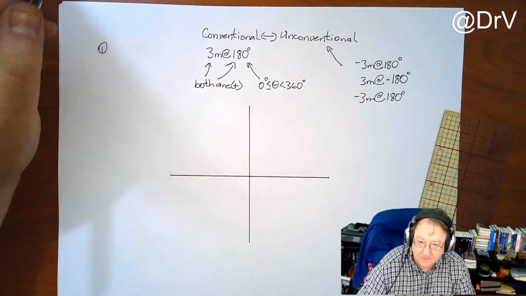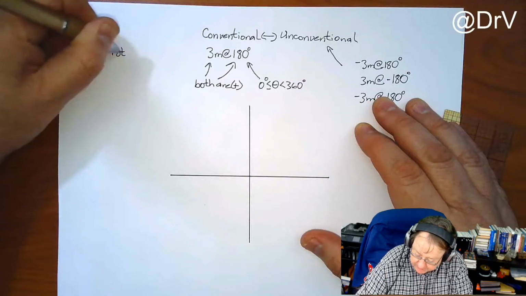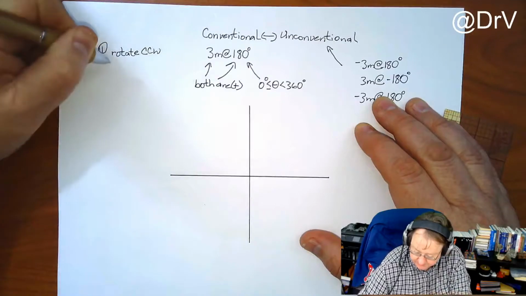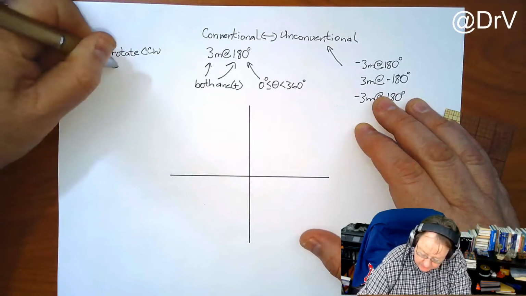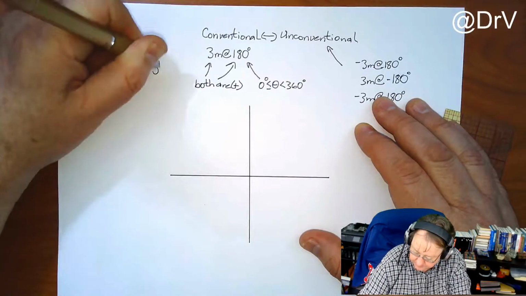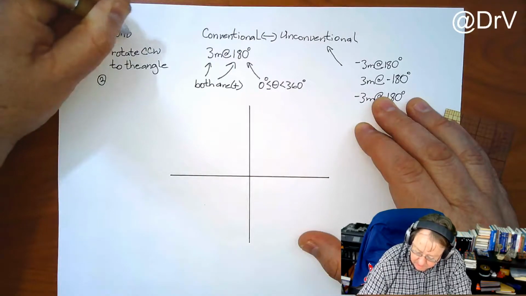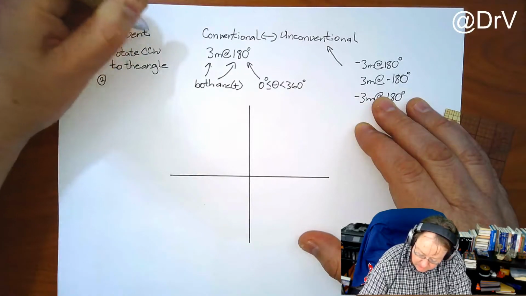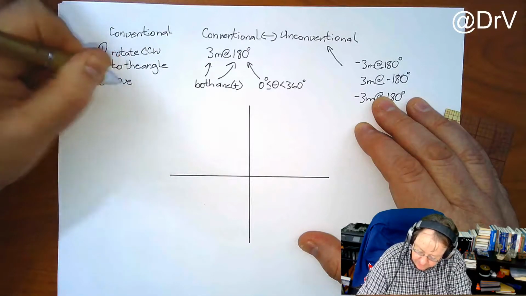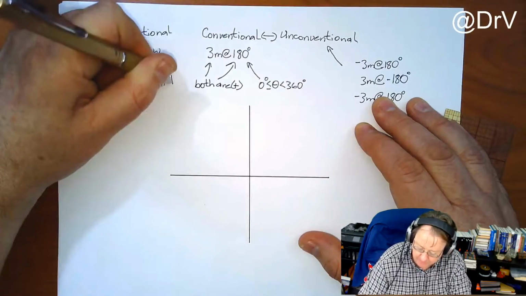Okay. The first thing you do is you rotate counterclockwise to the angle, and then move forward to the point.